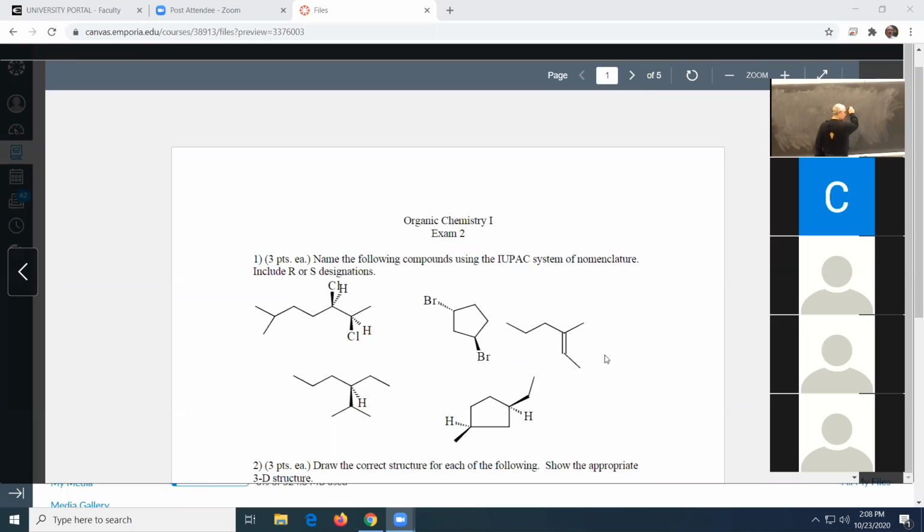So this is hex-2E, and we have a methyl group on 3, so this is 3-methyl-hex-2E.